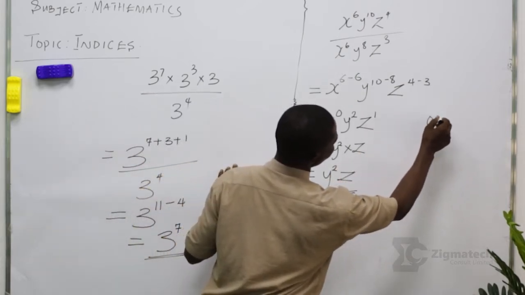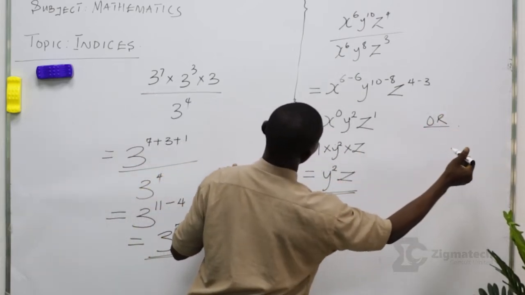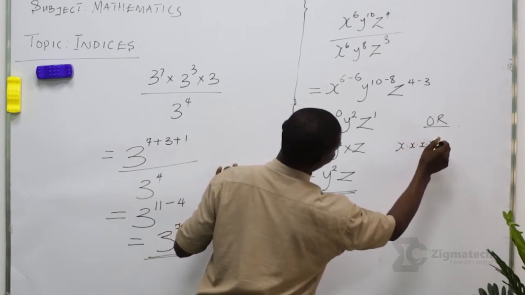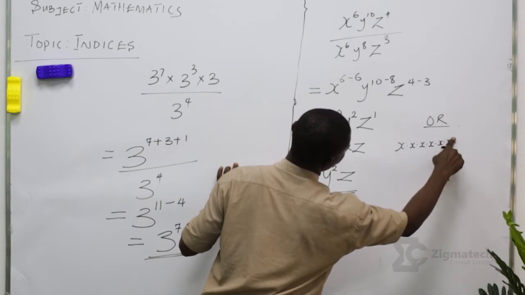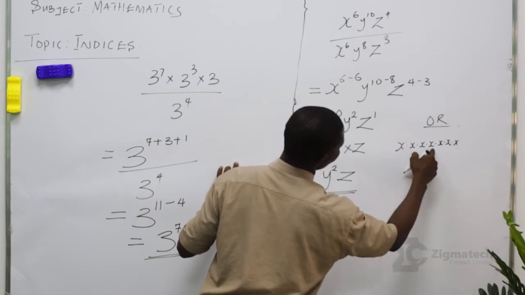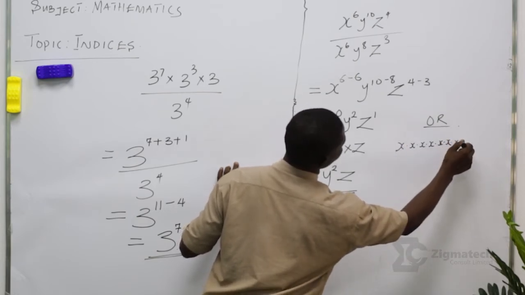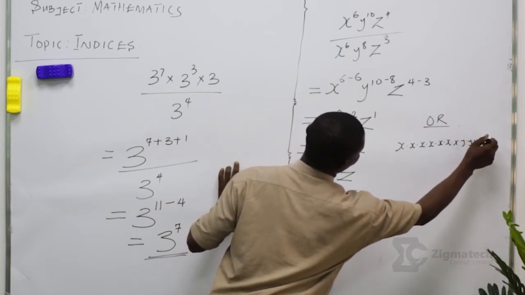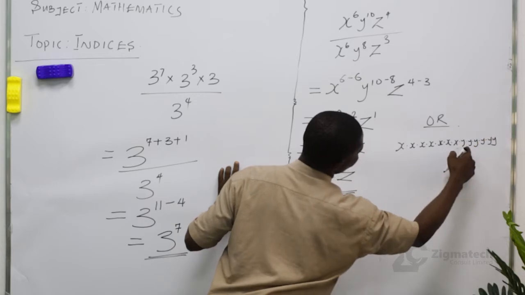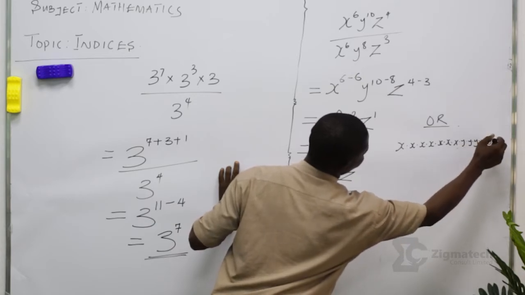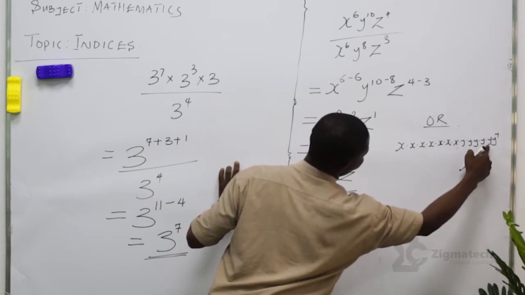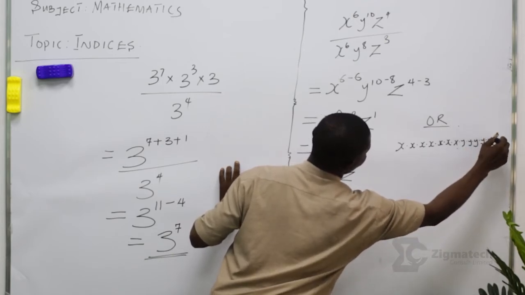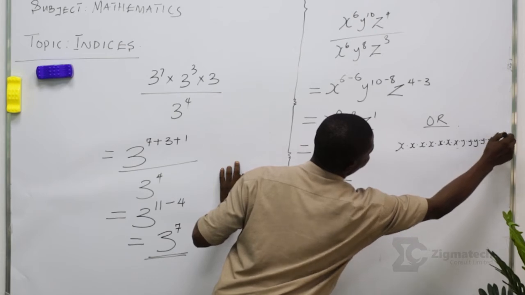But if you think you don't need this, look at what you do. Or watch it down here: x dot x dot x dot x dot x dot x, 1 2 3 4 5 6, dot y dot y dot y dot y dot y, up to 9, y power 9 dot z power 4.